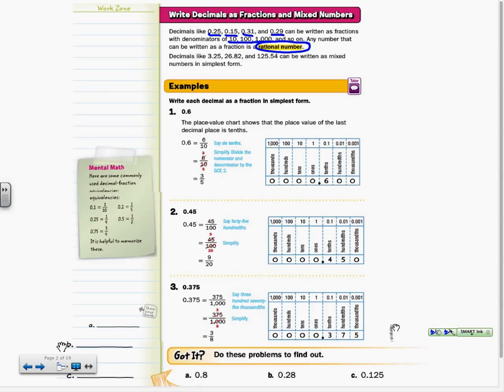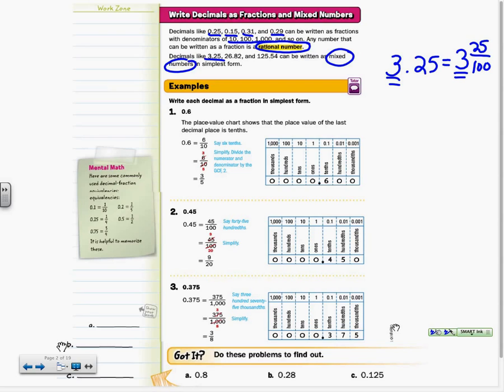Decimals like 3 and 25 hundredths, 26 and 82 hundredths, and 125 and 54 hundredths can be written as mixed numbers in simplest form. What makes this a mixed number? Well, if we look at 3 and 25 hundredths, 3 is in my ones place, so that's my whole number, and 25 hundredths is the fraction part.